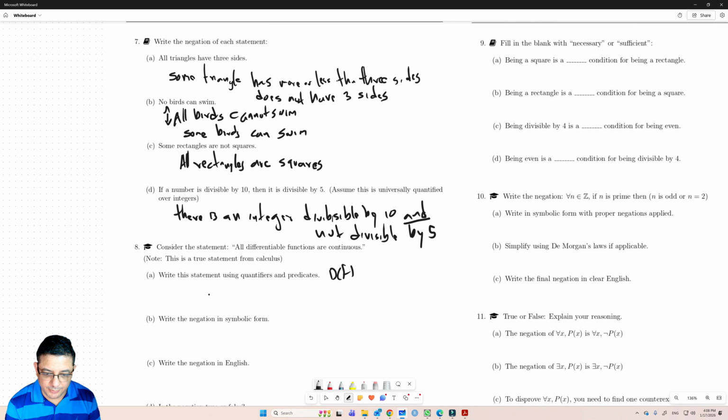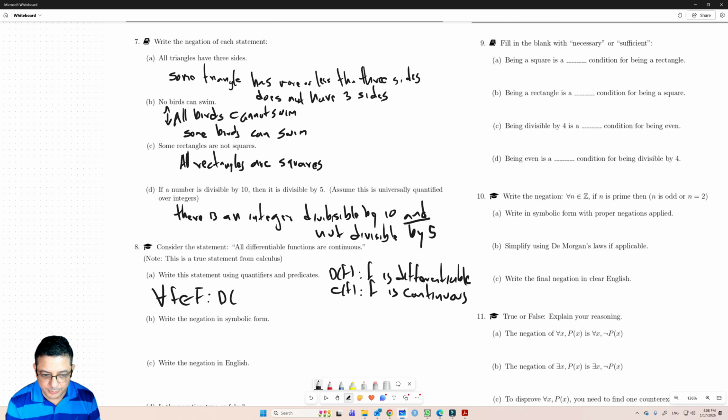So we can write this as for all f that belongs to, let's say, the domain of the functions, differentiable implies continuous. If we're going to write the negation in symbolic form, we will say there is an f that belongs to the functions, so that f is differentiable and is not continuous. We'll use the negation here instead of just writing something more specific.